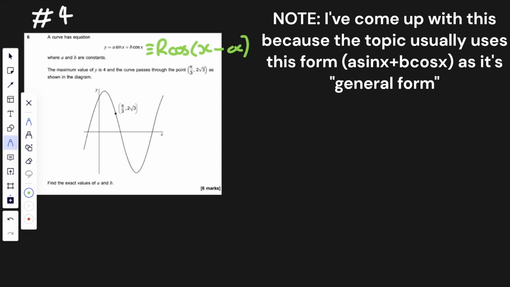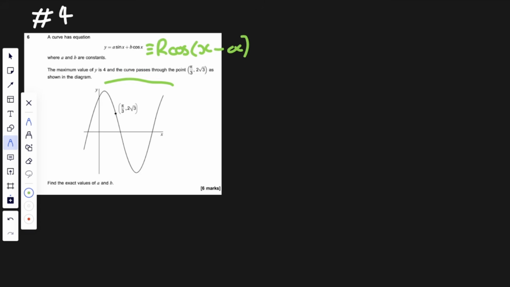Now also, what I can see when looking at the graph down here, this kind of looks like cos. Cos starts like this, goes down, goes back up. It starts at the higher point. So that's why I've chosen cos, and I've chosen cos to be moved to the right. Minus alpha. Alpha, remember, inside is opposite for translations.